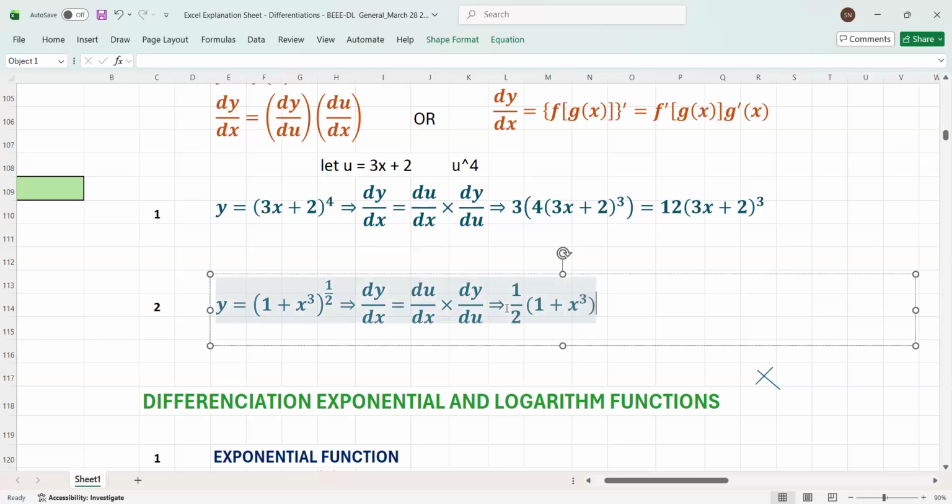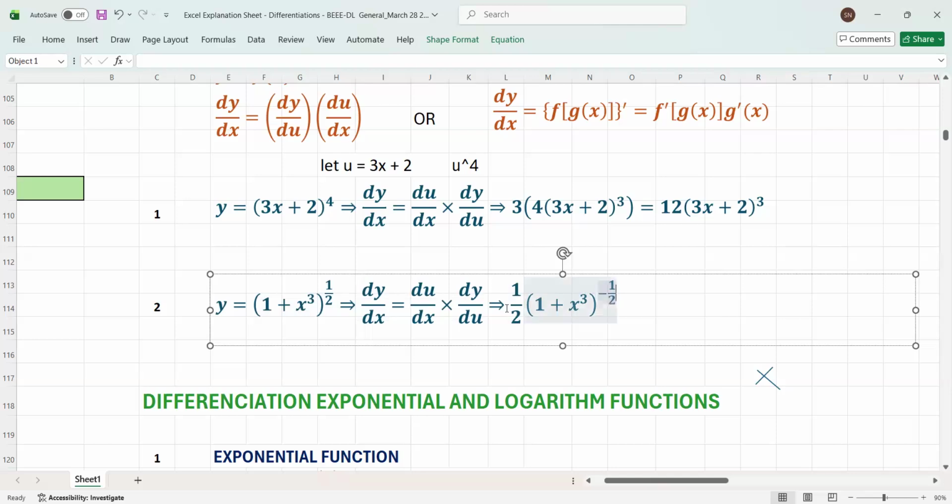Okay. And then the power will reduce by 1. What is half minus 1? Is it non-negative half? Somebody confirm for me. What is 1 over 2 minus 1? That is 1 over 2 minus 2 over 2. That will give you negative 1 over 2.